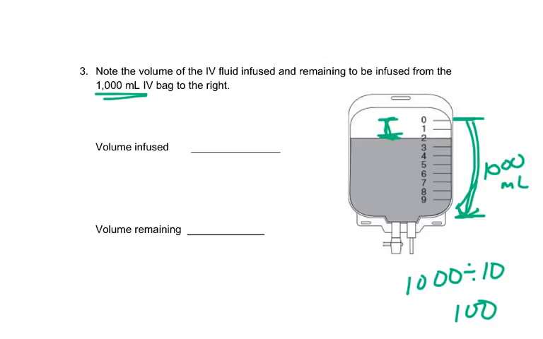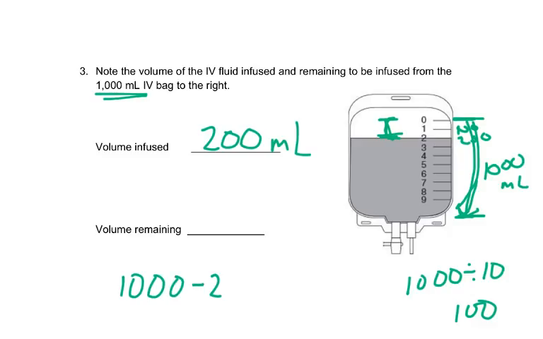So this 1 represents 100, and this 2 represents 200, and that's how much have been infused, 200, and again it's milliliters. So if we had 1,000 to start off with, and we've used 200 of it, 200 has already been dripped into the person, then we now have 800 milliliters left.